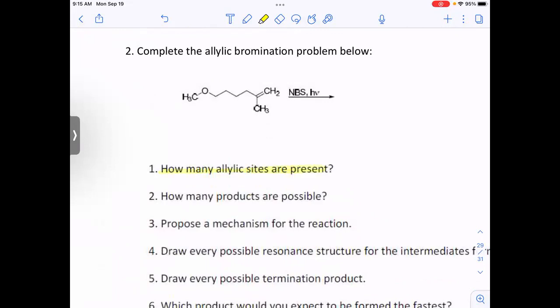How do we determine that? What is allylic? And how do we determine what an allylic site is? Don't all speak out at once now. We may crash the internet.